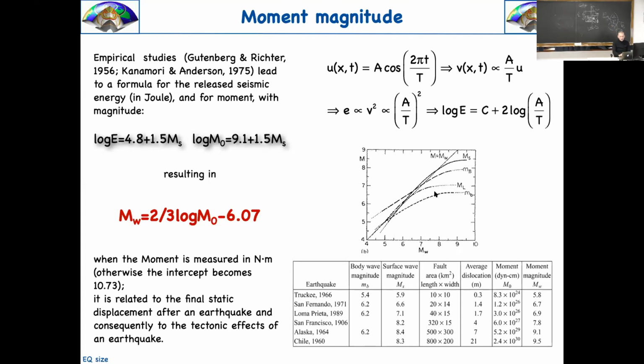Now if you look at the numbers and the estimates of the moments, you see that many saturated events are now free to run up to 9.5. And that is the largest earthquake in terms of MW that is supposed to have occurred in human history, with all the uncertainties.